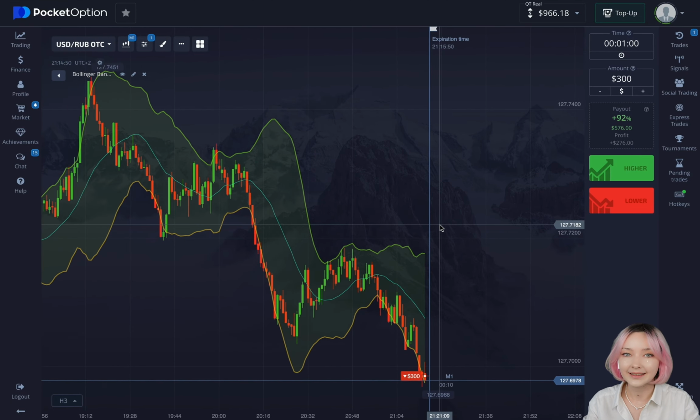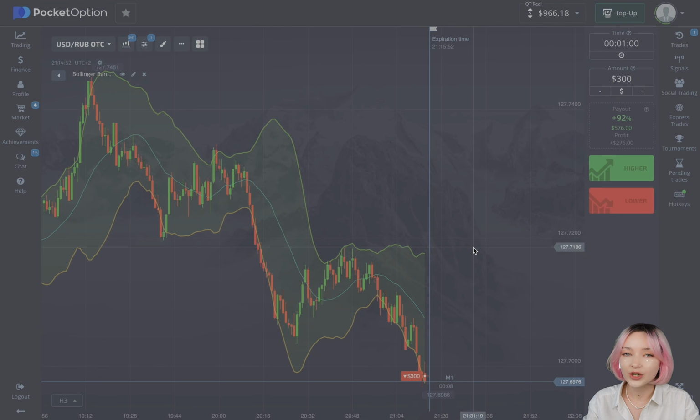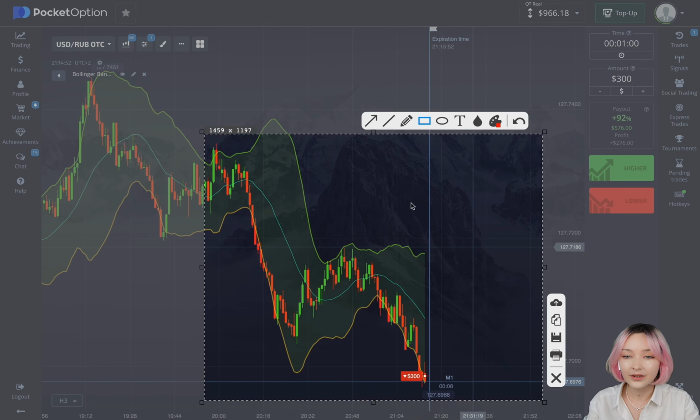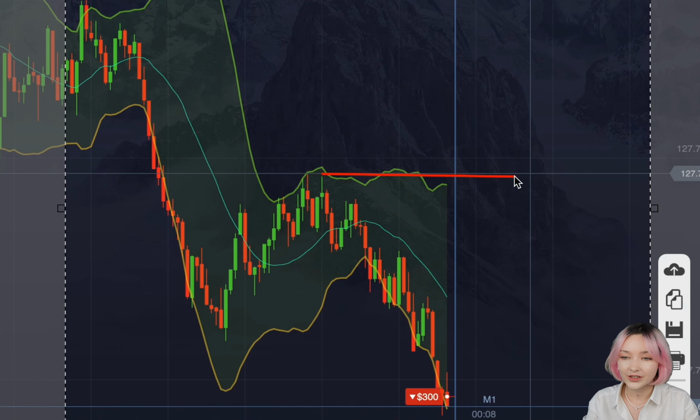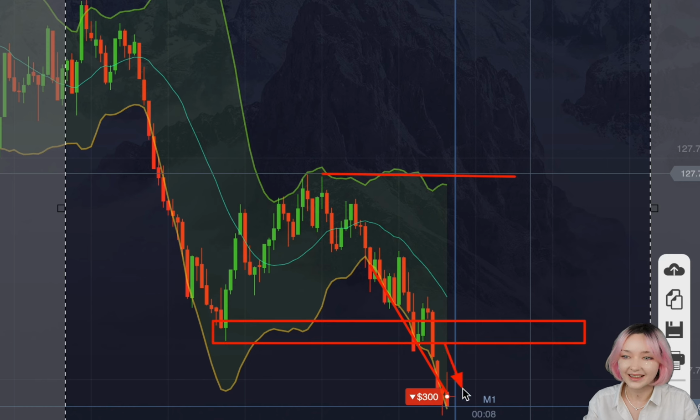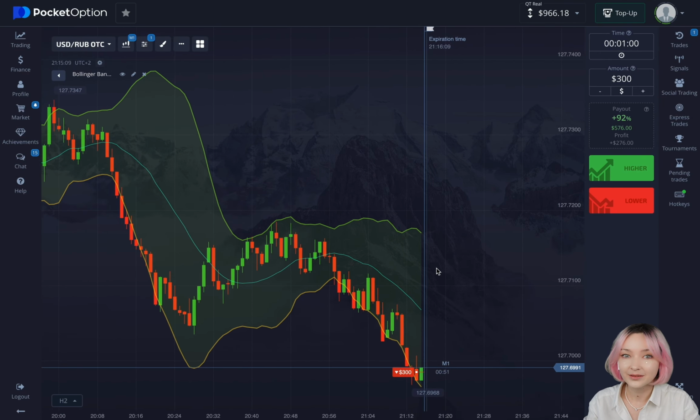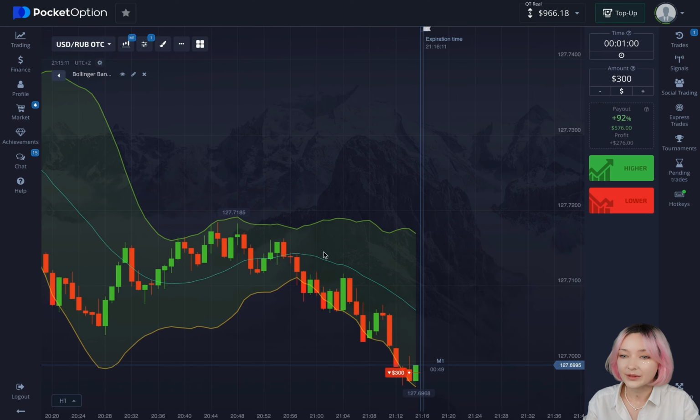Now to the analysis. It's just as simple. First of all, the widening of the channel right here. The price has broken through the support level and is now moving downwards with a downtrend. Obviously, the trend can also be determined by this blue middle line. By the way, right now it's going downwards, which is the exact main direction of the chart.